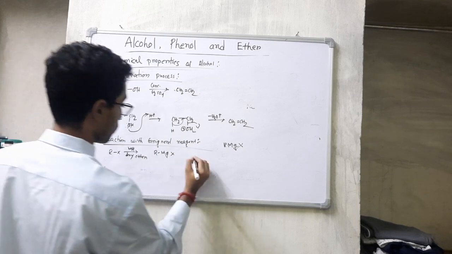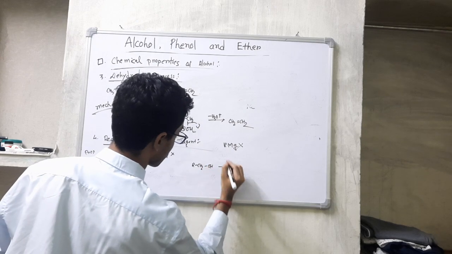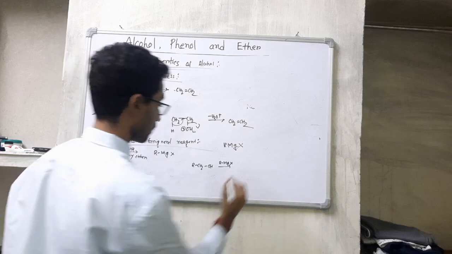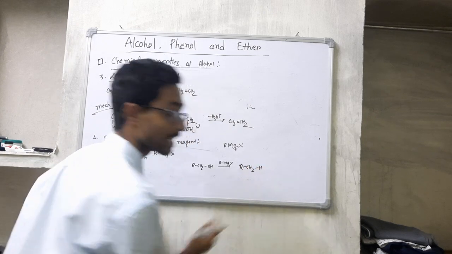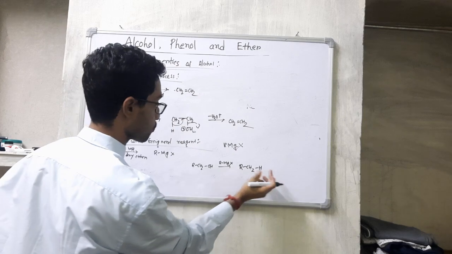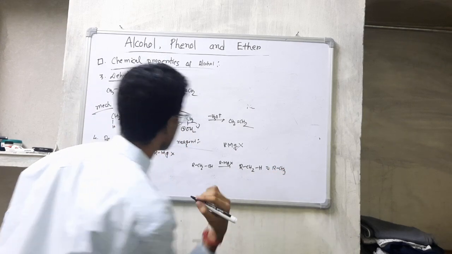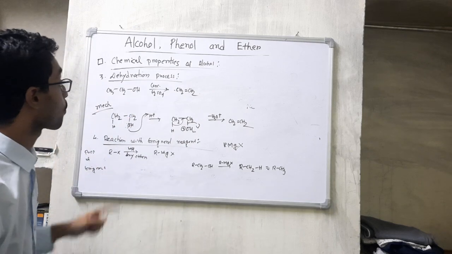So if alcohol reacts with Grignard reagent, then simply an alkane is formed, RCH3. So these are all the chemical properties of the alcohol.